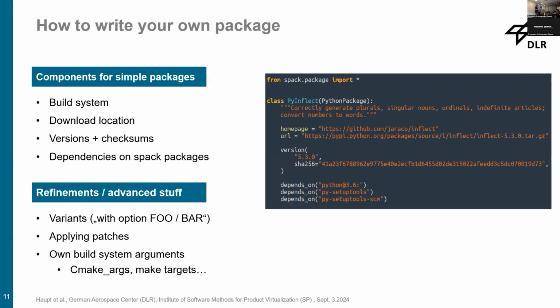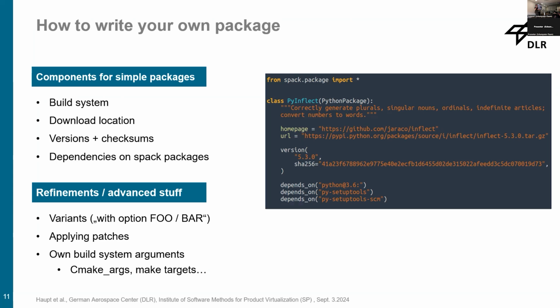And it has more or less four simple components I need for the basic package. This means I need to define the build system, for example, the Python-based PyTool or PySetup, pip, WAF, CMake. A download location like the Git repository, a version and a checksum for security and for identification. And then, of course, the whole dependency stack.